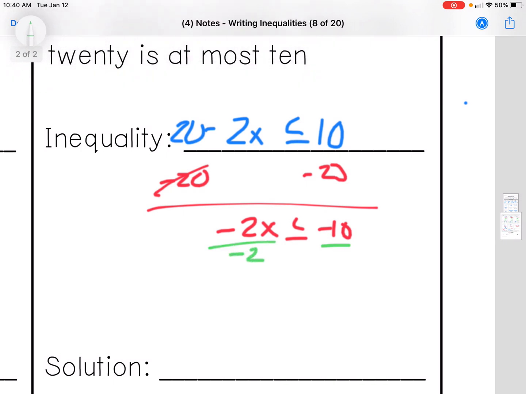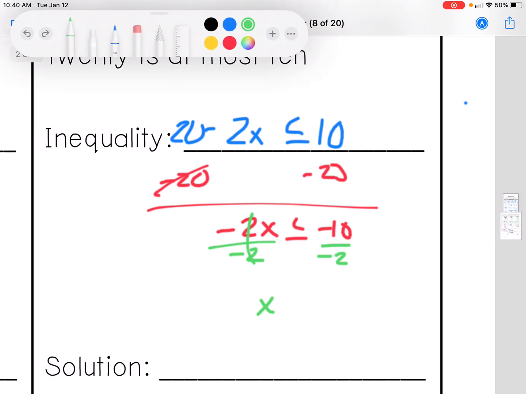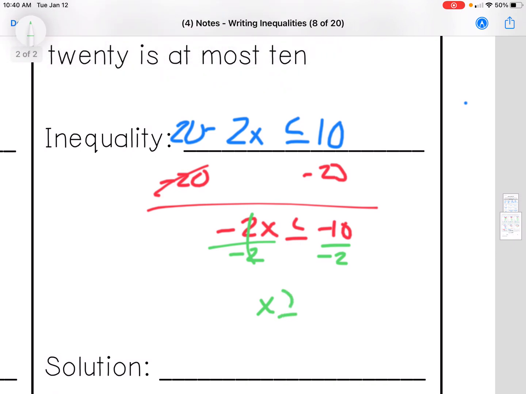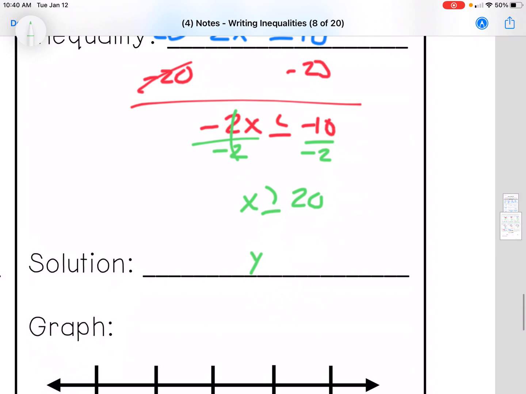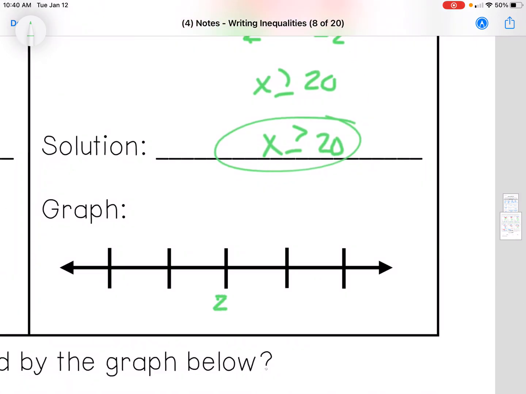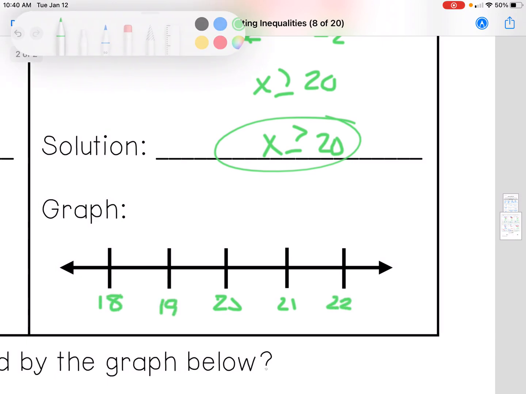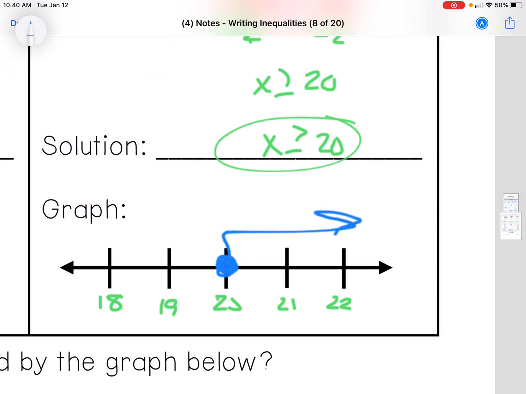Divide by -2. Alert. X is greater than or equal to 5. Go down here to the bottom. 20, 21, 22, 19, and 18. It's a closed dot on 20. It is greater than, so it goes to the right.